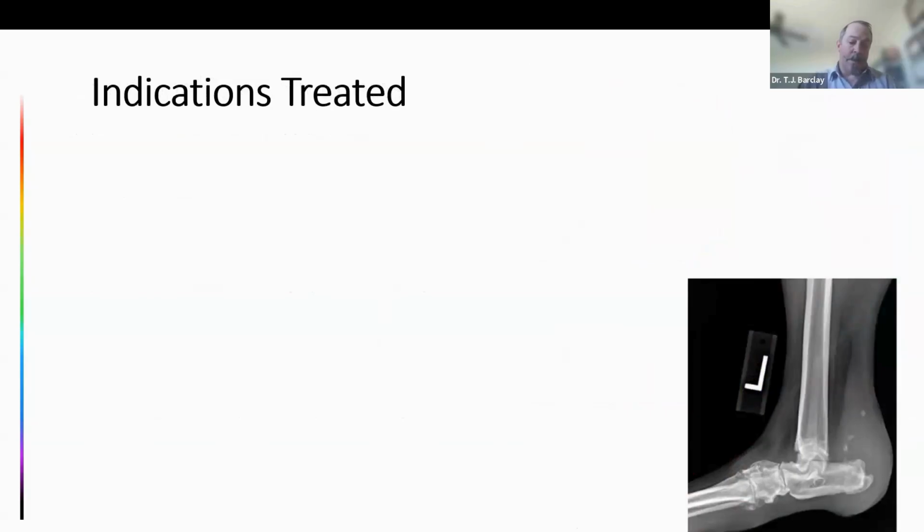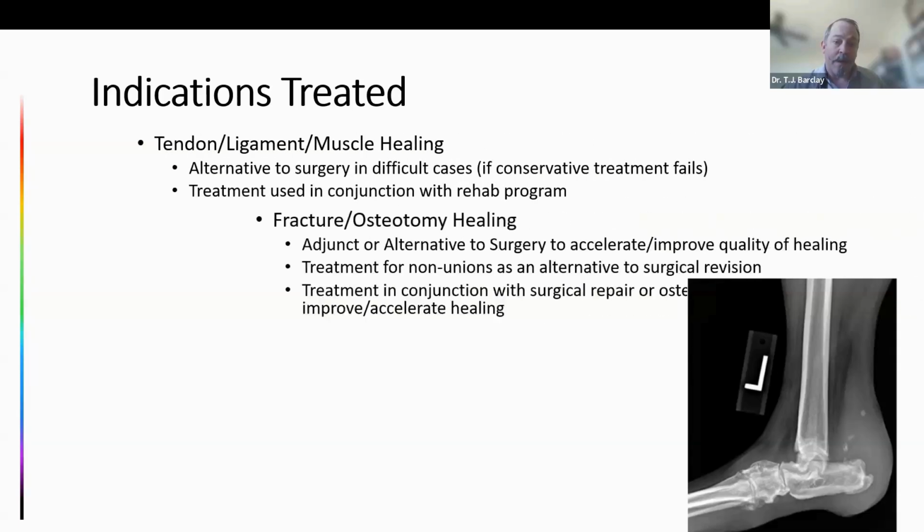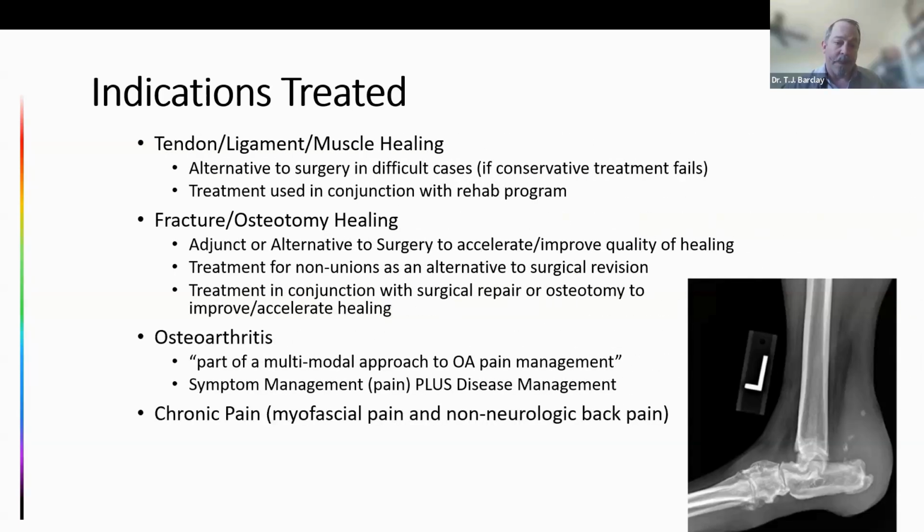So moving on into the types of indications in our veterinary patients that are useful to treat with shockwave. Again, we've got several different categories here. First off, they're going to be the soft tissue indications, so tendons, ligament, muscle injury.